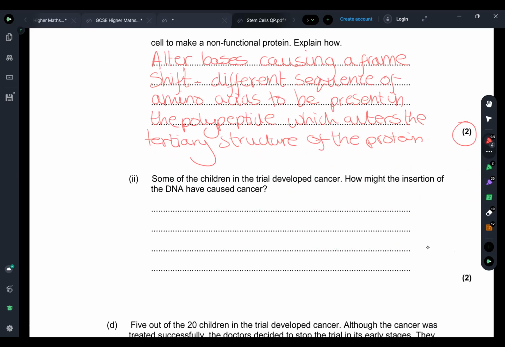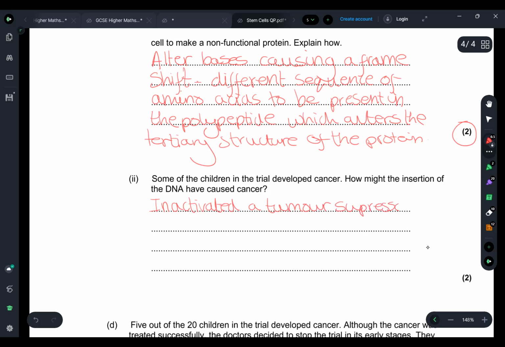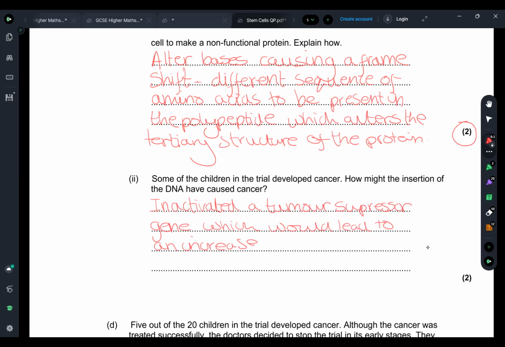So it could have inactivated a tumor suppressor gene, which would lead to an increase in the rate of cell division. That will get you 2 marks.